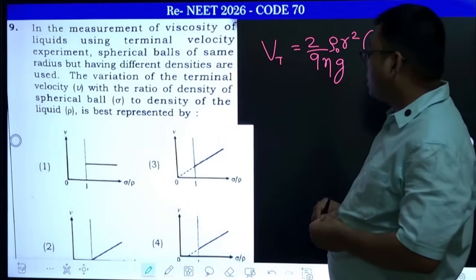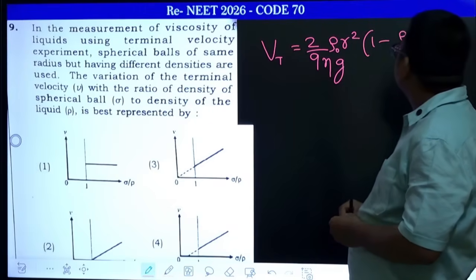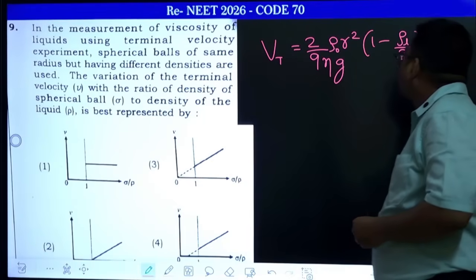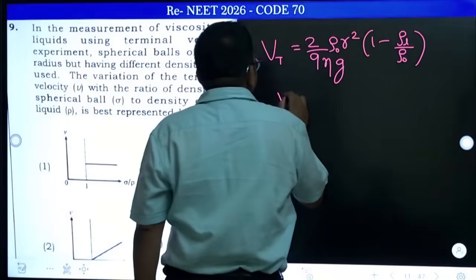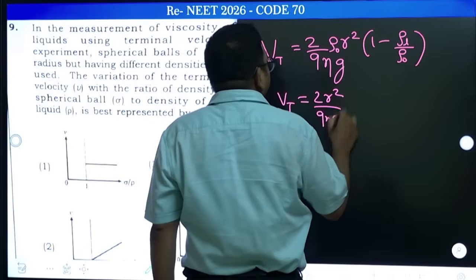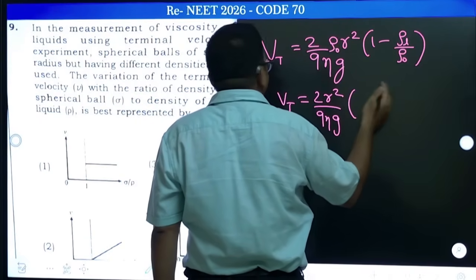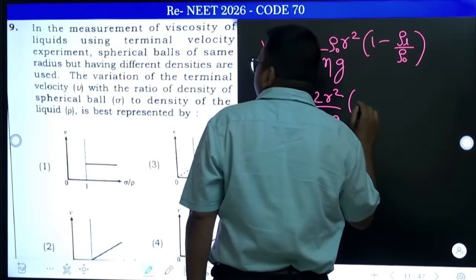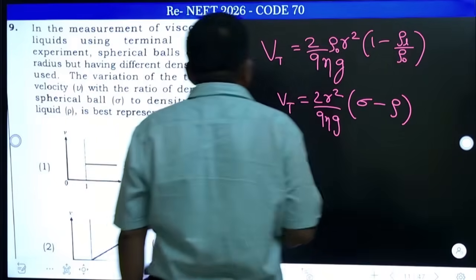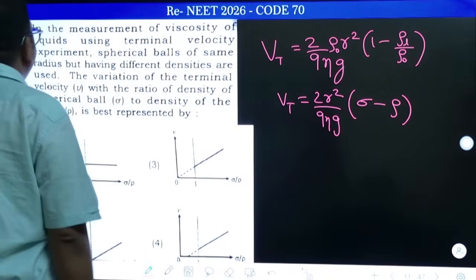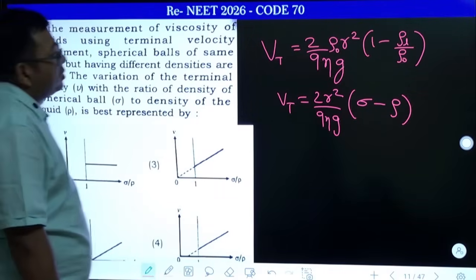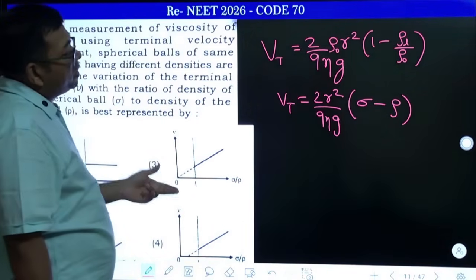So what will be the effect of this? If you see that, let's write terminal velocity as 2r square by 9 eta g, and then density of object minus liquid, right? Ball density is sigma and liquid density is rho. That's the formula here, right? Ratio of terminal velocity with ratio of density of spherical ball to density of liquid. So spherical ball means sigma by rho.